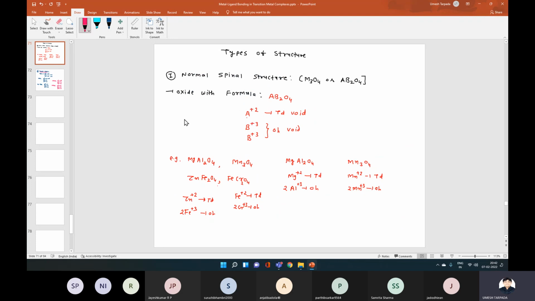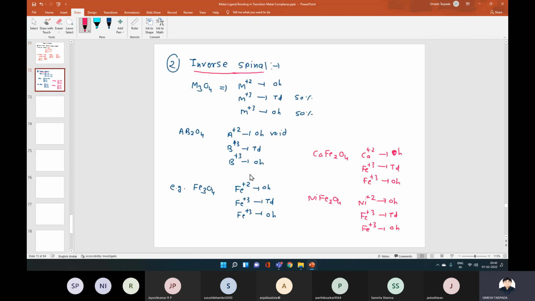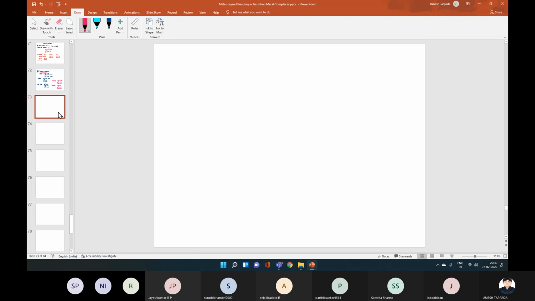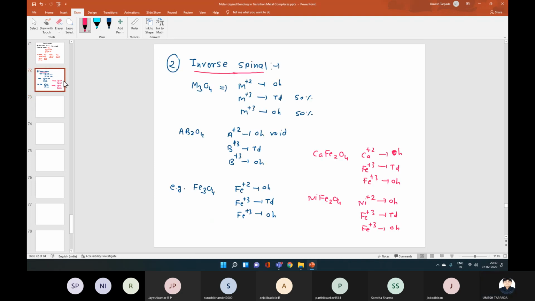A+2 is there in tetrahedral and A+3 is there in octahedral. But in the case of inverse spinel, the +3 ions, 50% are in tetrahedral and 50% are in octahedral. Okay, is it clear? Is it okay?